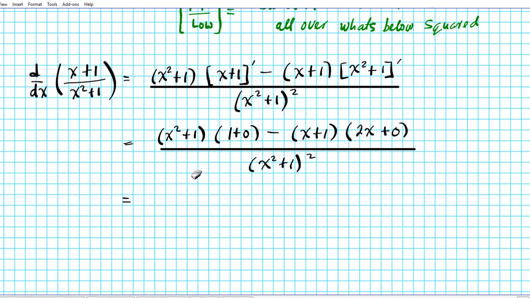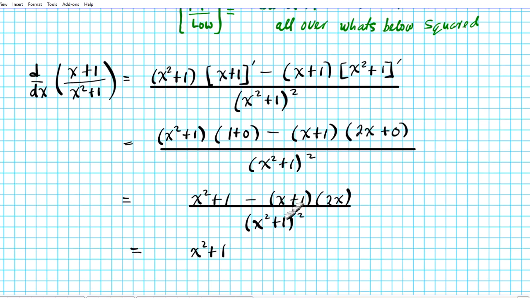Okay, so we have x squared plus 1 times 1 is just x squared plus 1 minus x squared, let's write this as x plus 1 times 2x. Just add an additional step because I want to highlight something that's very important. Now, when you're presented a problem like this on the AP exam and you have polynomial terms to the right of the minus sign, you want to proceed with caution.